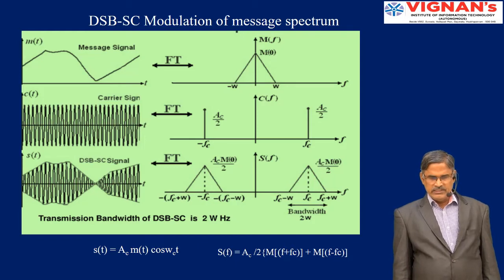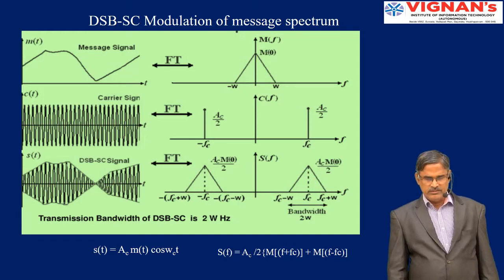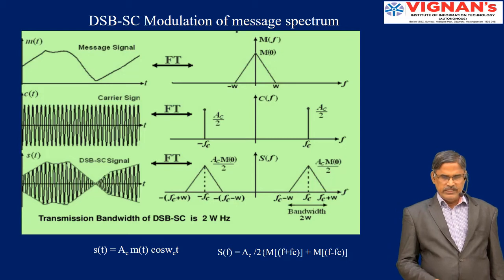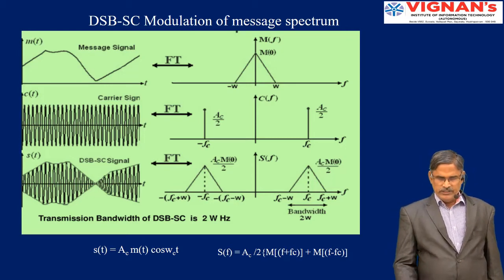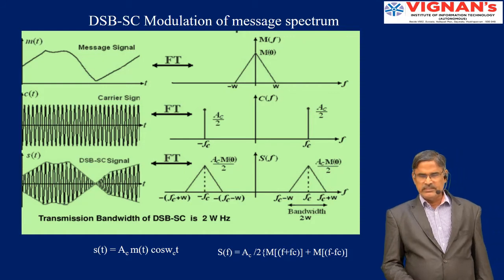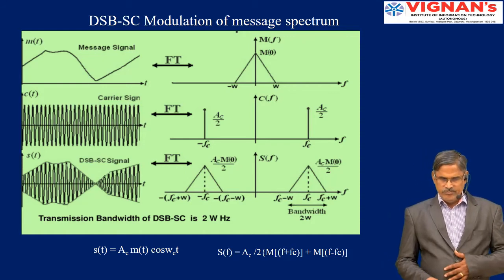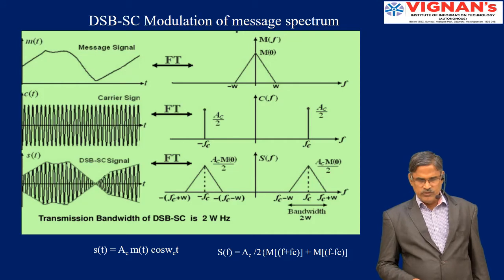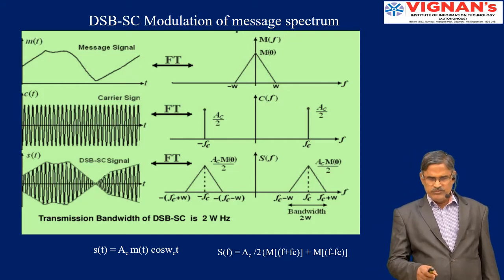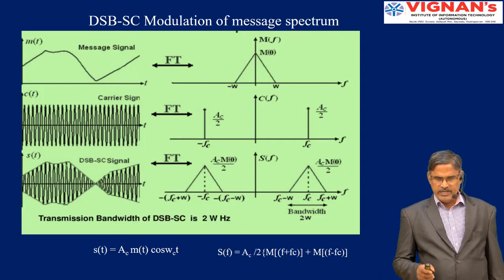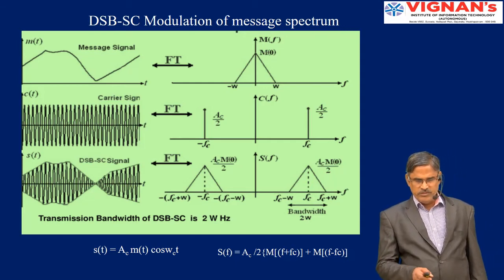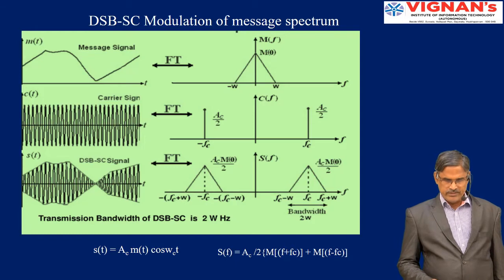The middle frequency is the carrier frequency location, but after multiplication there is no carrier frequency, only the product signal. So in the product signal or the modulated signal, you cannot see the carrier impulse, only the message spectrum. Above the Fc frequency location, from Fc to Fc plus W, it is the upper sideband, and from Fc to Fc minus W, it is the lower sideband.